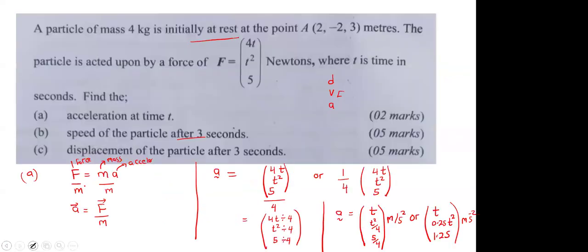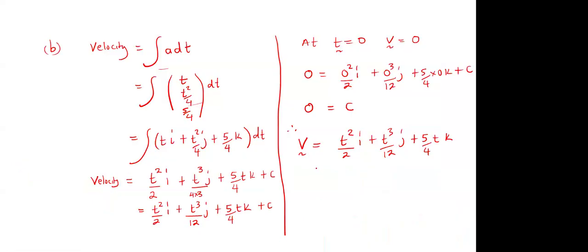Now, what did the question want us to find? They wanted us to find the speed after 3 seconds, but we have velocity. Then you say at t equals 3 seconds, what will be our velocity? So I'll say velocity will equal 3 squared out of 2i plus 3 cubed out of 12j plus 5 out of 4 times 3k.